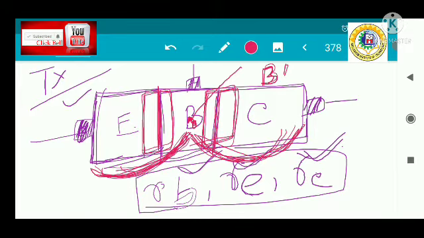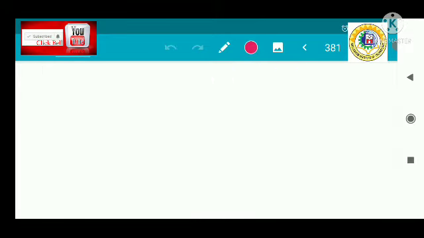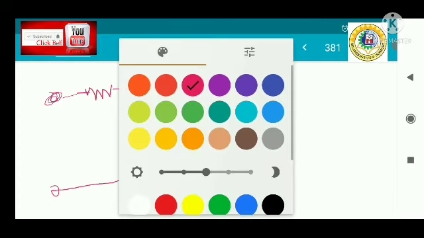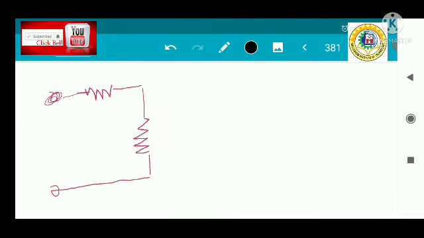Going forward from this concept, we are plotting. Suppose this is your base terminal, there is a resistance Rb as previously, and I am writing this resistance as RB.